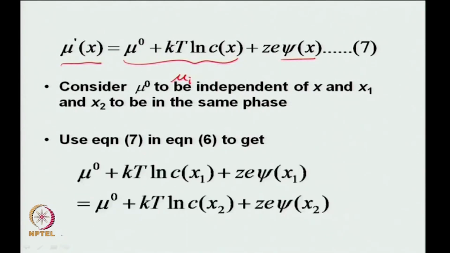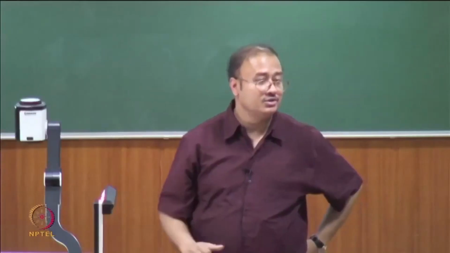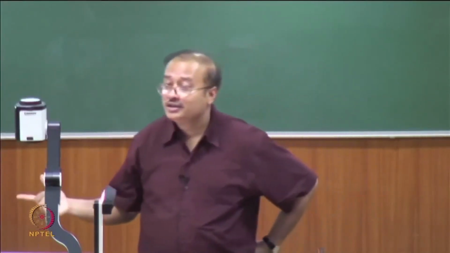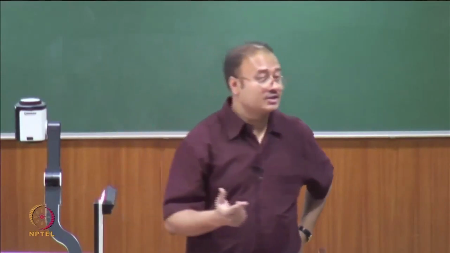So, you will be having this equality, where you are saying because the electrochemical potentials are equal, these have to be equal. Now, it simplifies because mu naught had no dependence on x, it is a constant, it cancels out from both sides. So, you are left with two concentrations Cx1 and Cx2, and the electrochemical potential psi at x1 and psi at x2.